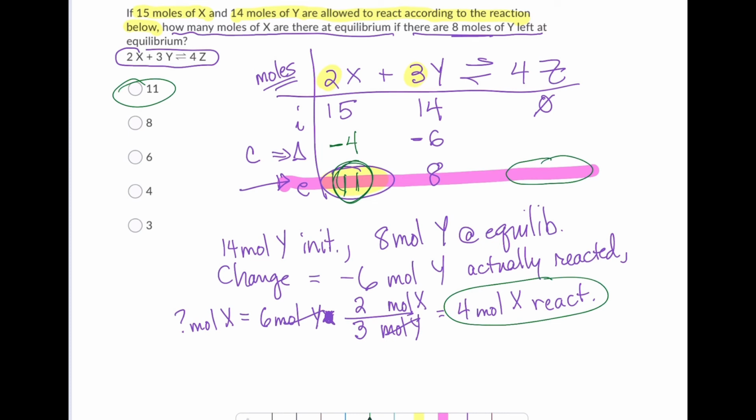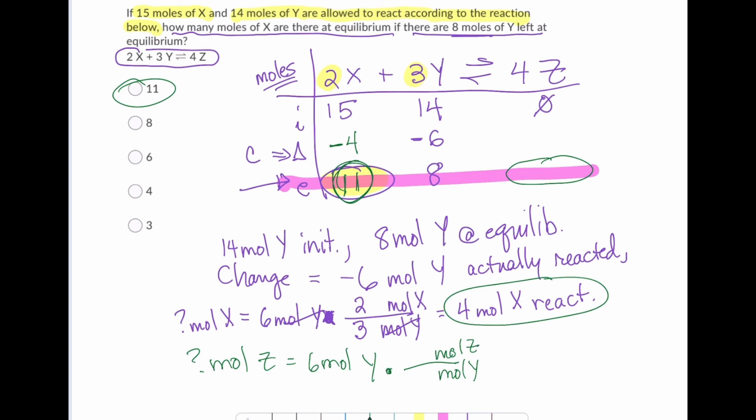And we would do it the same way. We would say, okay, if 6 moles of Y react, how many moles of Z will be formed, because it's a product? Moles of Y on the bottom, moles of Z on the top.